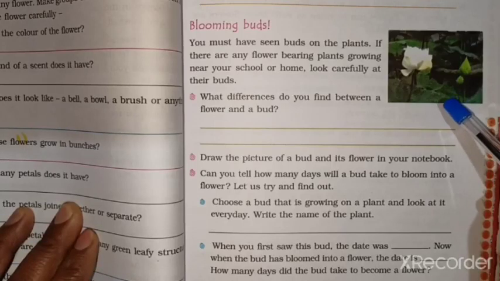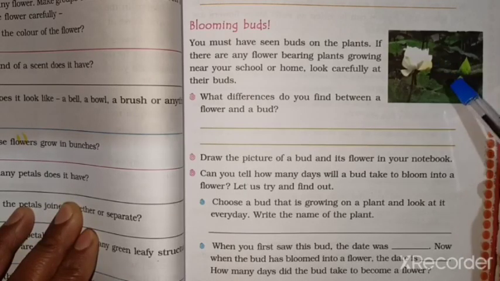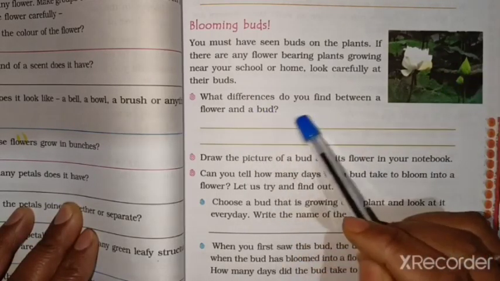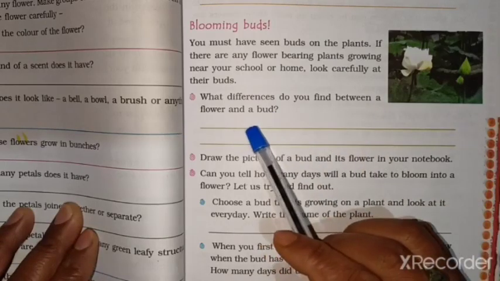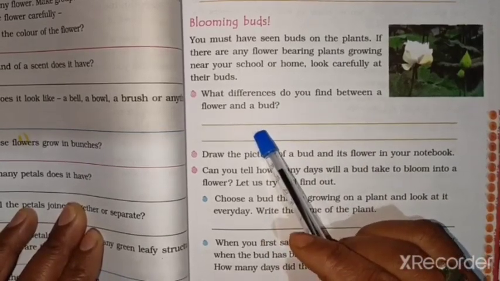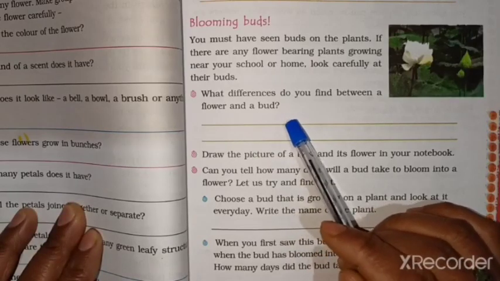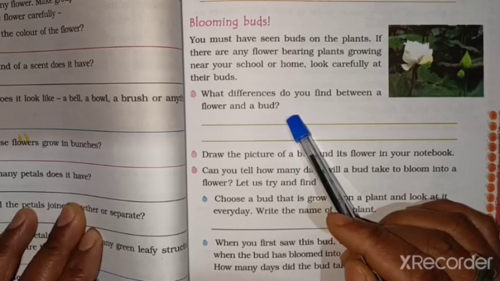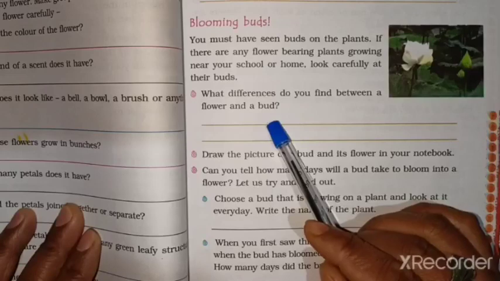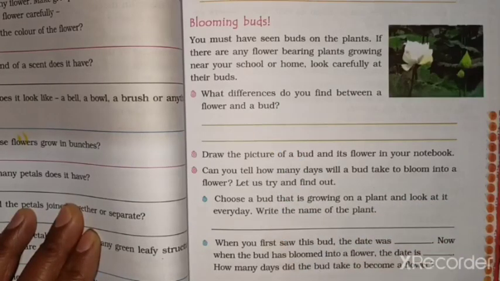So here is one picture. A flower is shown here. And what differences do you find between a flower and a bud? So a flower and a bud, what difference do you find? So here we can say some difference.